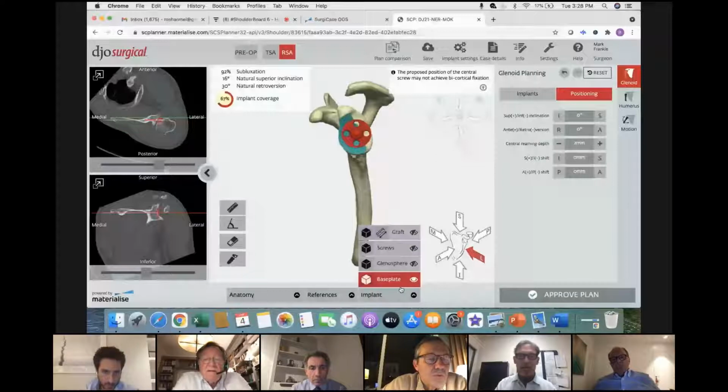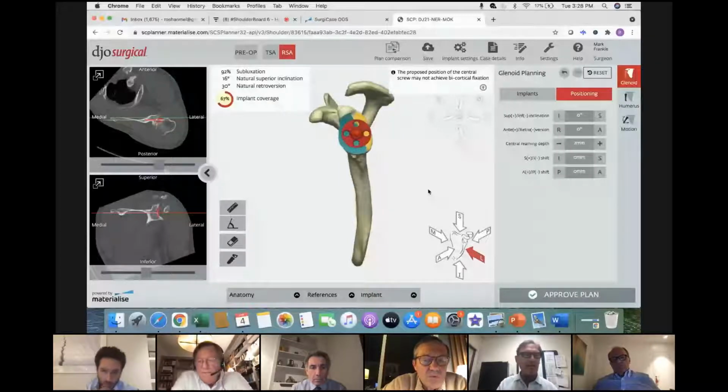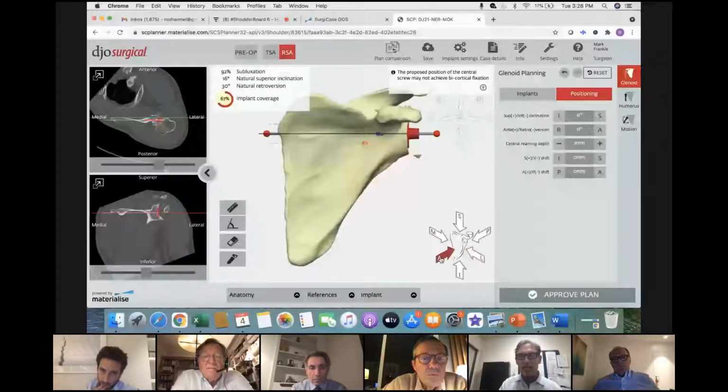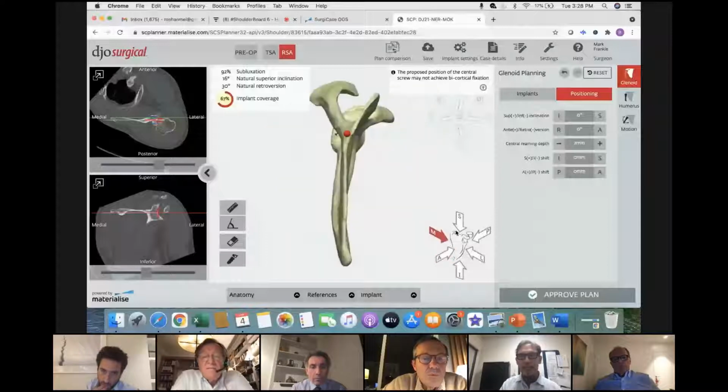If I wanted to use a small graft, I could, just like you showed. Although with this, I probably wouldn't necessarily need that, because with this implant, I'd feel very confident with the fixation that I would achieve by using locking screws like this. So you can rotate that and see these screws just barely perforate.